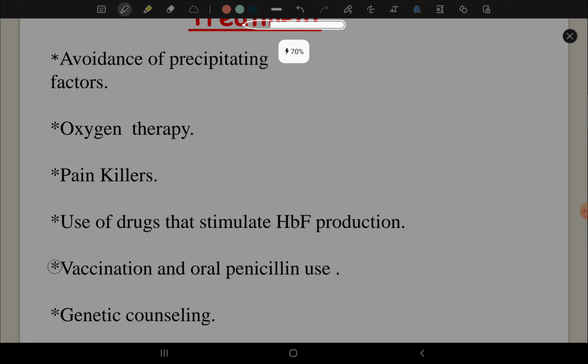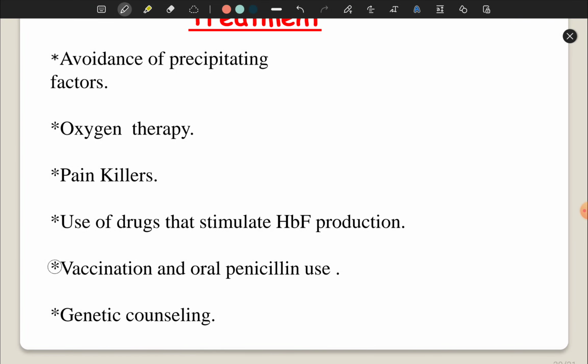Okay. So filtration is a part of the immune function offered by the spleen, because there's white pulp and lymphoid follicles inside the spleen. So the spleen is a site of immunity, particularly in early childhood. That's why there's vaccination and oral penicillin use: because the spleen is affected, there's a loss of function, and the case would be liable to infection.